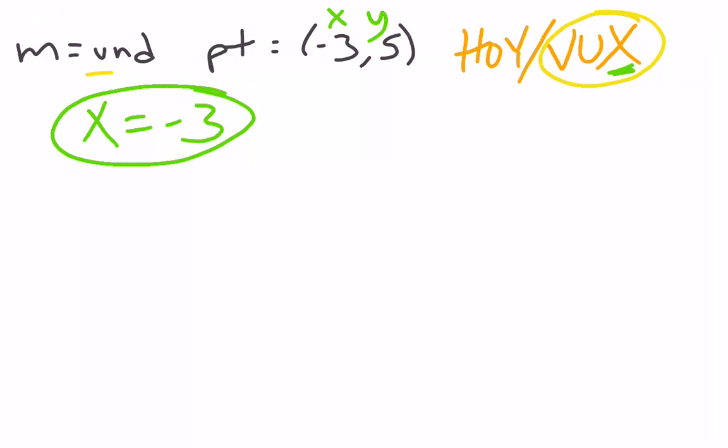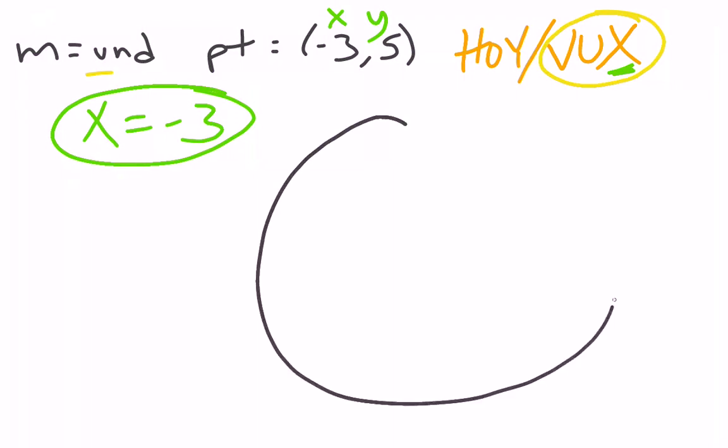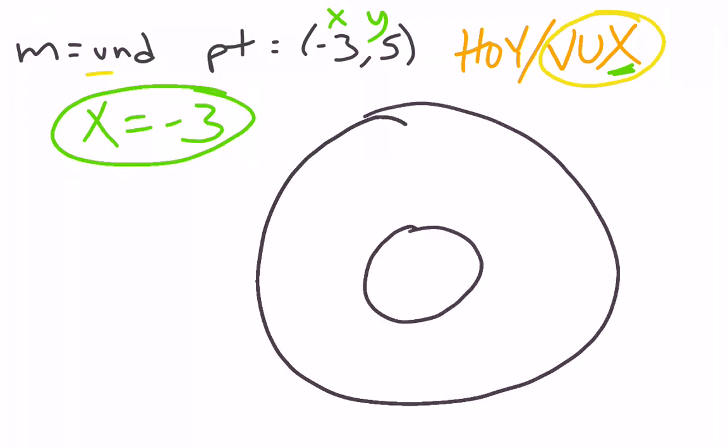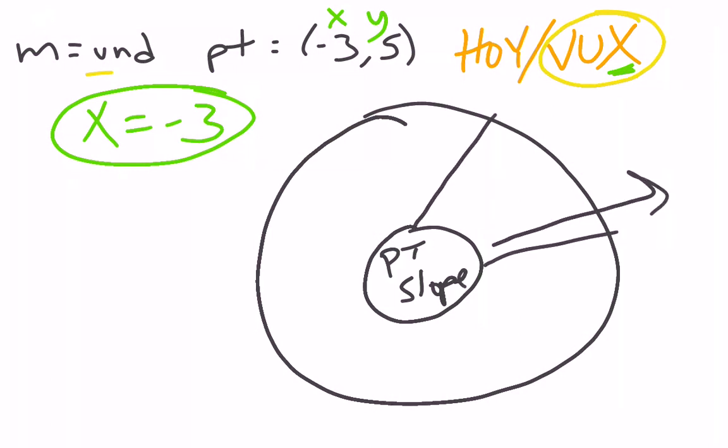What I want you to do is load those pictures and go back to your bullseye. Find the one that in the center says point and slope. And it's the same idea. You're going to go outwards and use the slope and the point that they give you. I want you to do the two ones that do not have action.